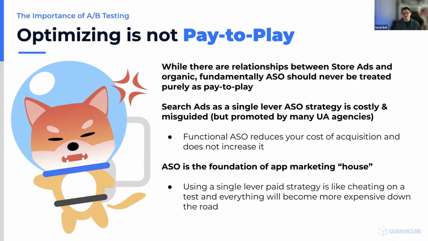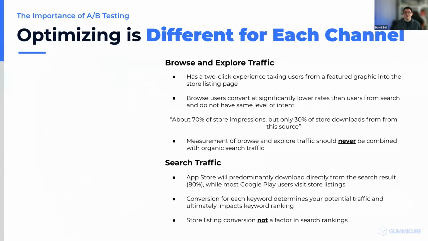ASO is like the foundation of your app marketing house. When you use a single lever paid strategy, like simply running Apple search ads without properly optimizing, it's like cheating on a test or building a house without a foundation. And everything just becomes more expensive down the road when you don't do things the right way up front.